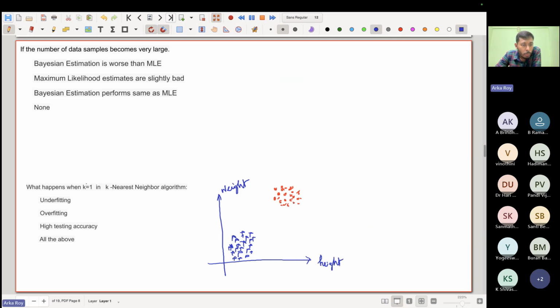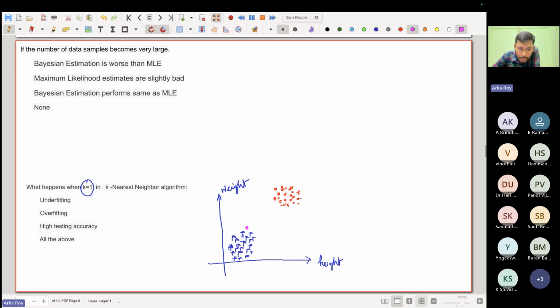Okay. Now you see that you are considering k equal to 1. That means you will be taking the decision based on the lowest distance value. That means you will be only considering a single data point. Let's say at test time, your data is residing over here.